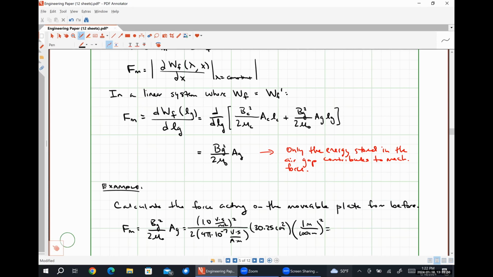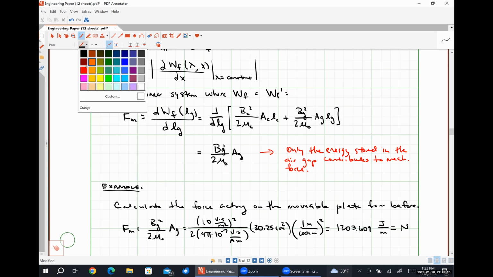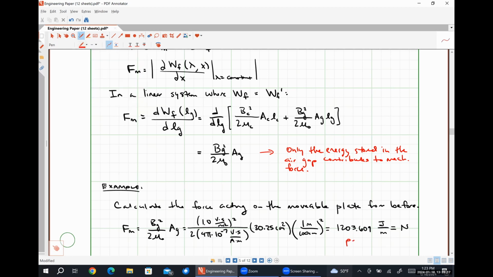And this comes out to be 1,203.609 joules per meter, which is the same thing as a Newton. And this is the force per air gap.